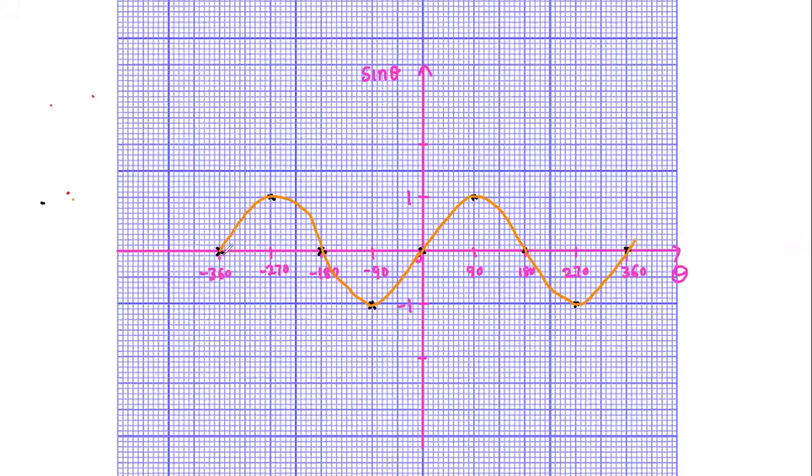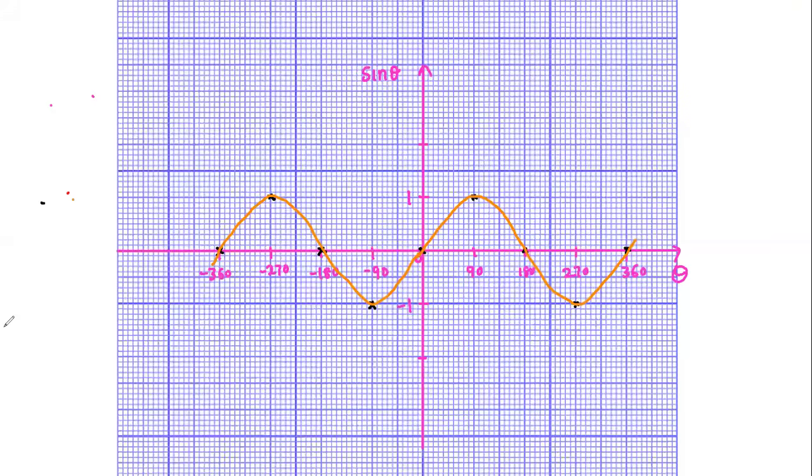And now this is the graph for the sine. Now, after drawing our curve, let me first make that part better. Okay. Now, that is our graph we have obtained for sine.